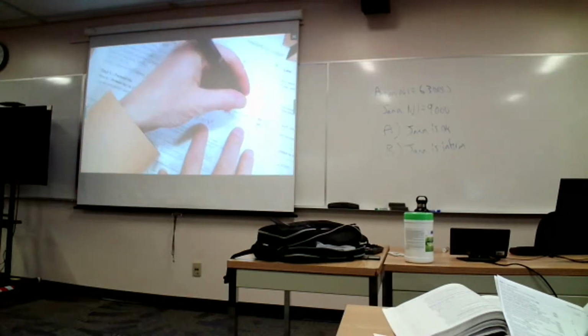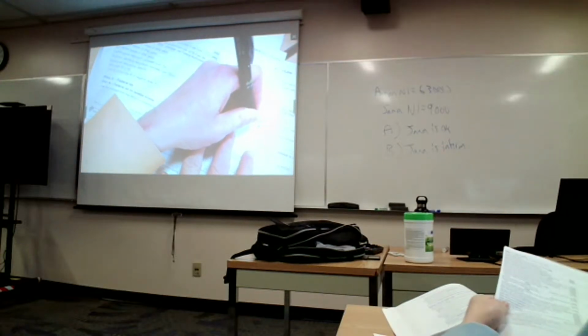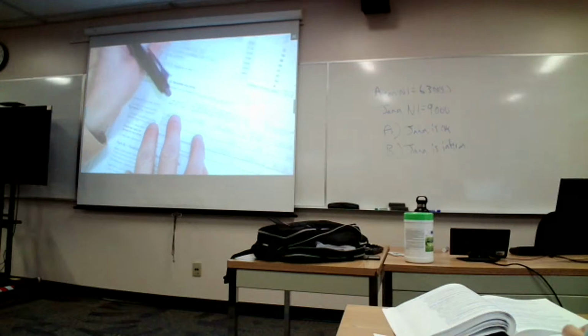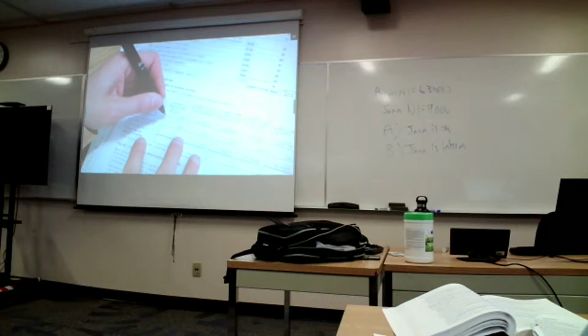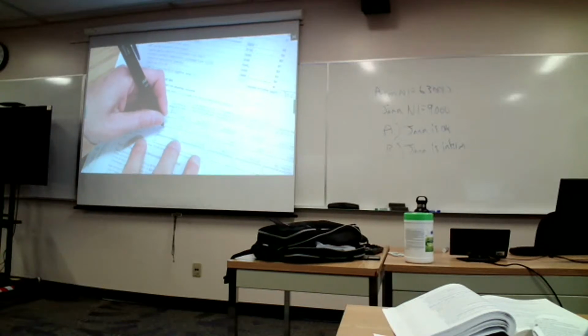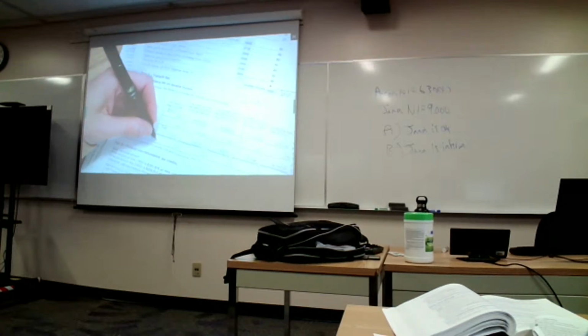Taxable income is 9 grand. She's obviously in the lowest tax bracket, so 9,000 times 0.15 is 1350. So 1350 in taxes owing.